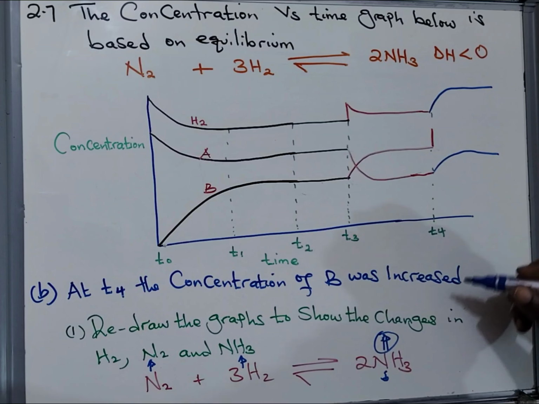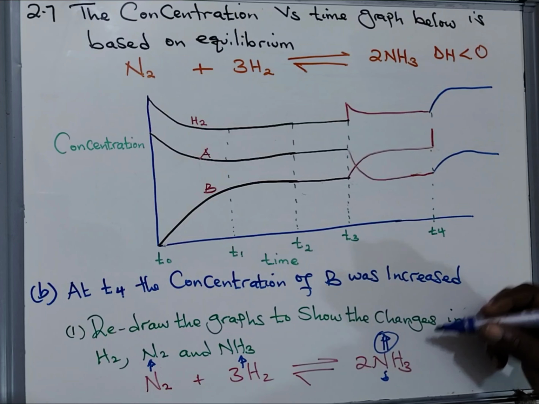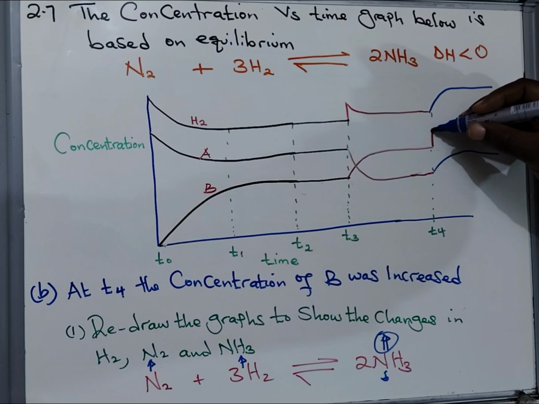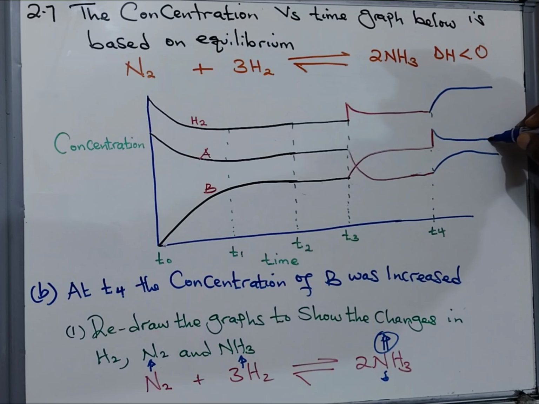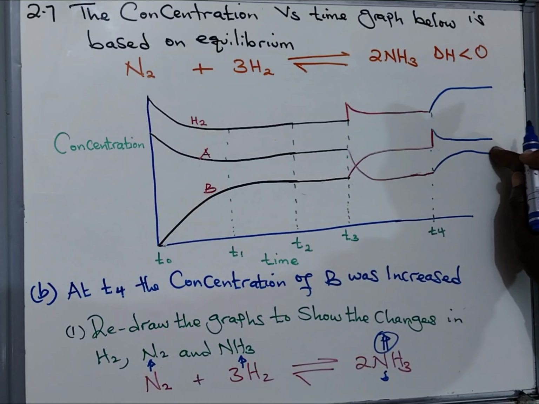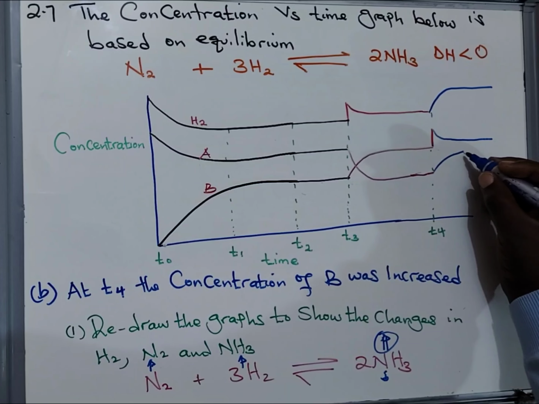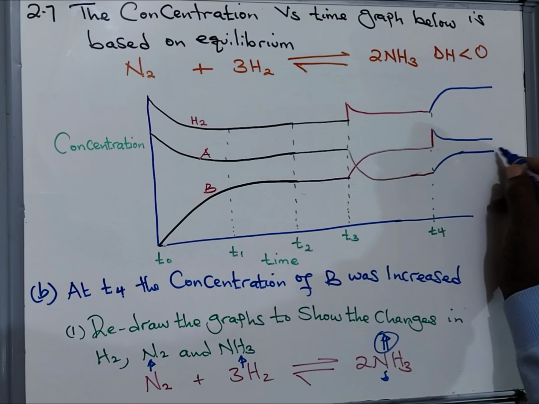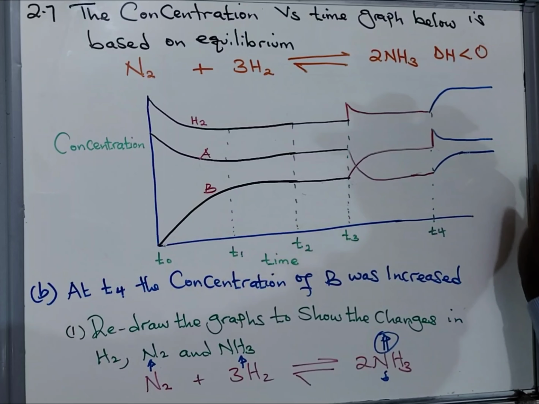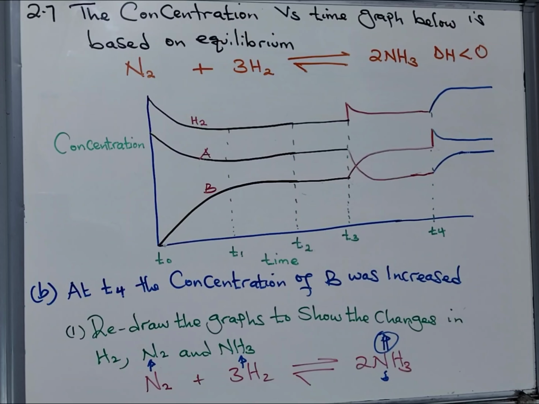And our ammonia, it will drop a bit. So that's what we have. These are the graphs we realize when we increase the concentration of ammonia.